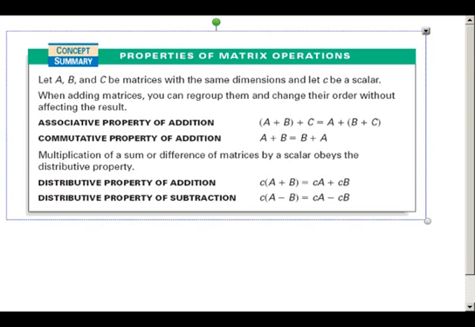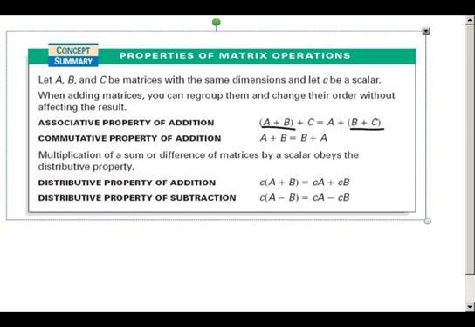And just a little review, or a summary, of some of the properties of matrices. The associative property holds true. So we have that if you add up A and B and then add C, it's the same as taking A, adding that up after you have both B and C. So it's just about the grouping.